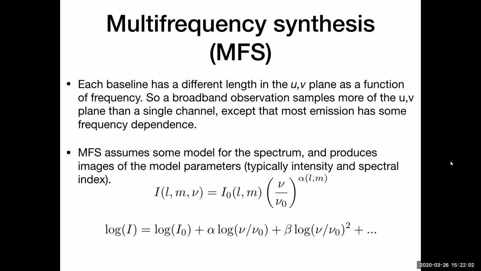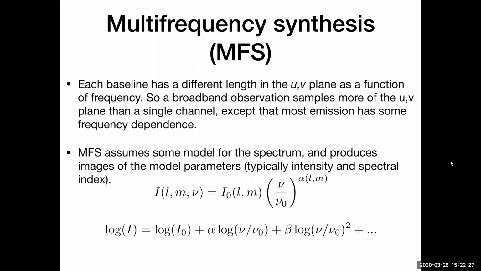Because remember that the UV coordinate system is the physical baseline length divided by the wavelength. And so you change the wavelength, you change the UV coordinates, because the physical length of the baseline doesn't change. You know, the telescope is fixed. And so every channel is sampling a slightly different point in the UV plane.